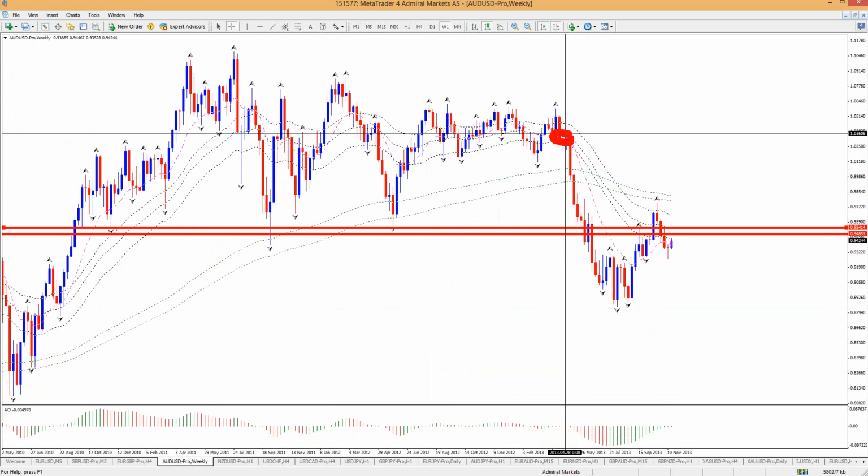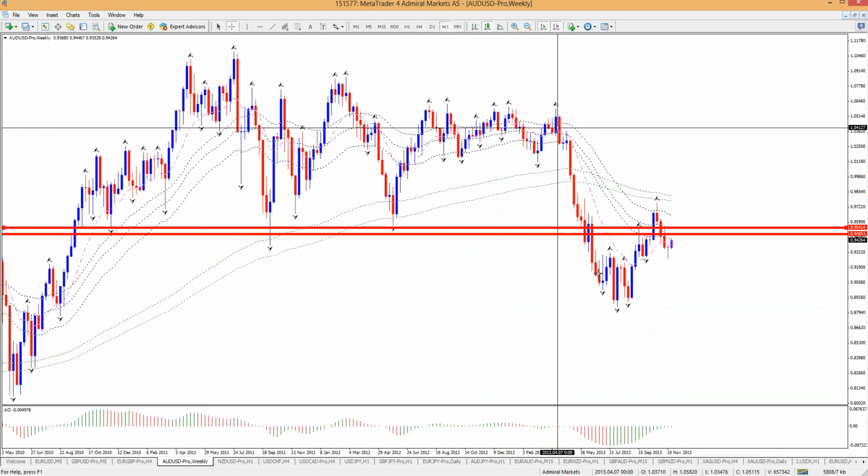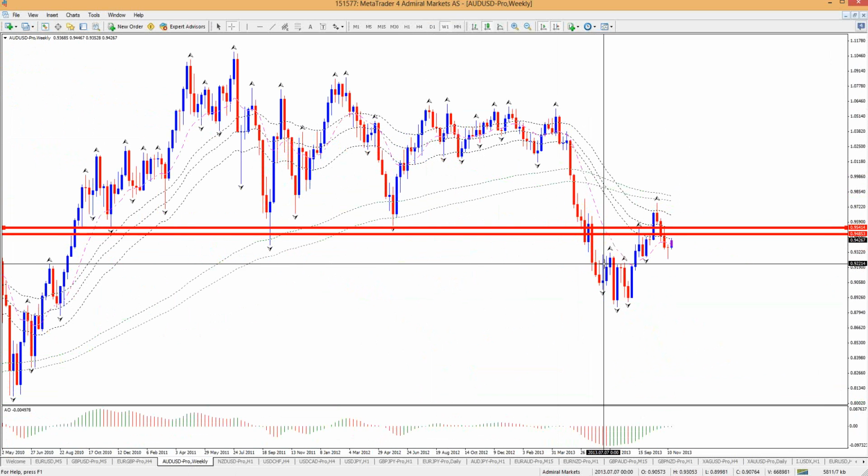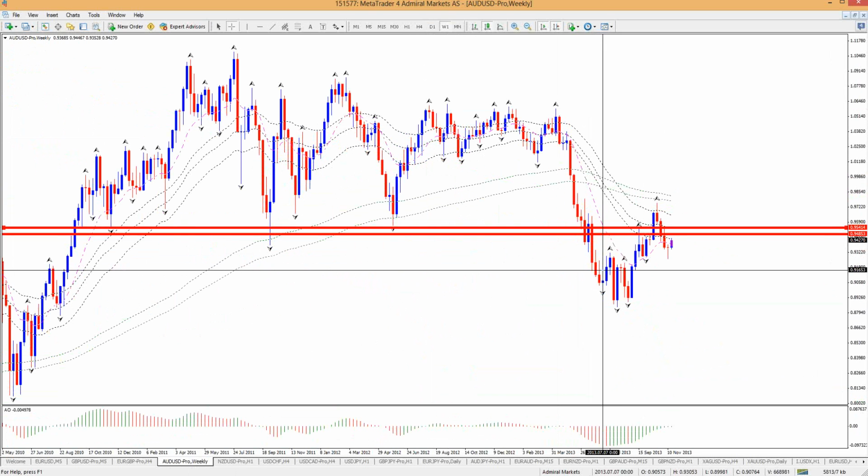I said, okay, I expect this to really be mid-June down at 90, 92, 6 weeks from now. And mid-June, the weekly closed at 92.30, and the low was 91.60. So that was spot on. Of course, there's a bit of luck involved, because timing and price 2-3 months in the future is not an easy thing.